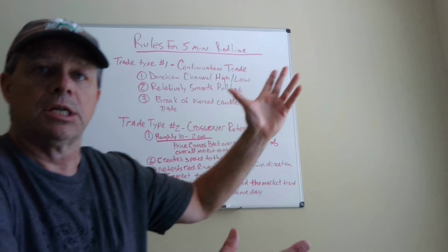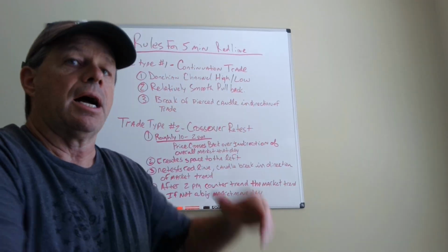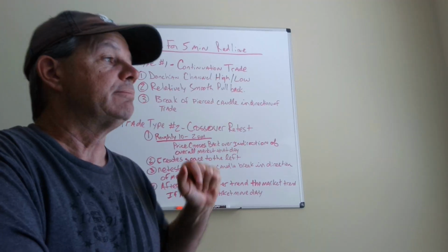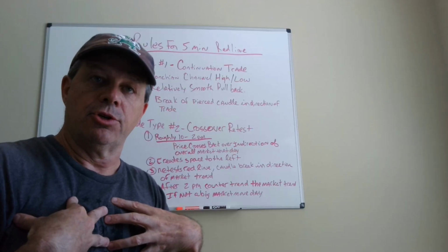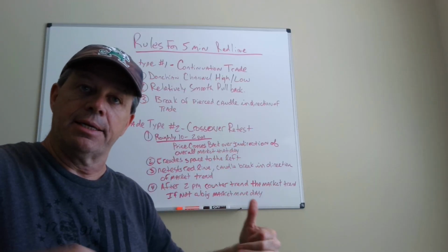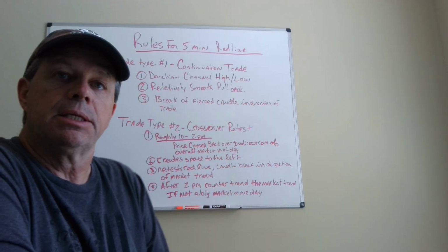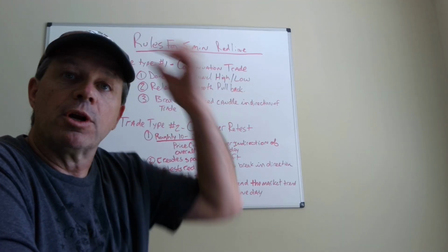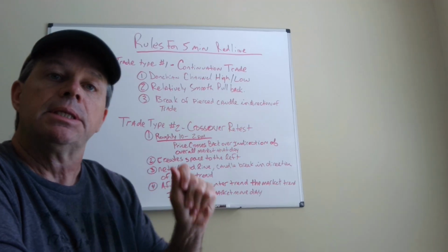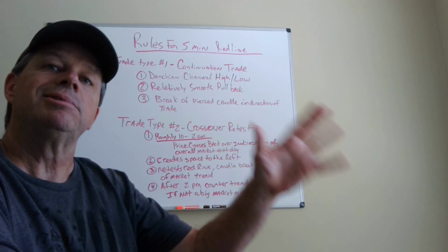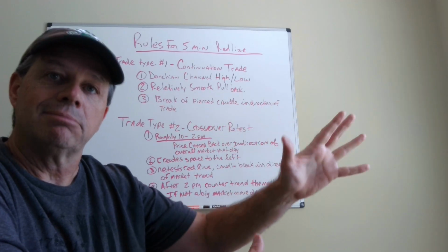It starts running long at 10 o'clock, something like that. Then what I do with the red line is I start focusing on one of two trade setups for the 5 minute red line after we get past 10:30, that kind of time frame.